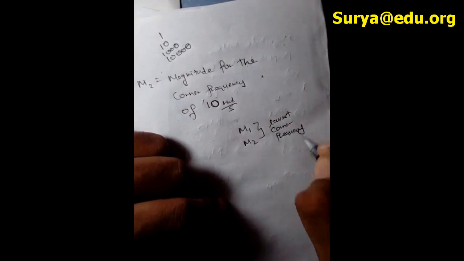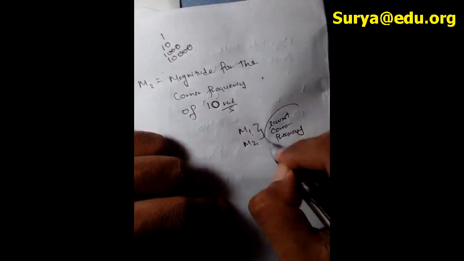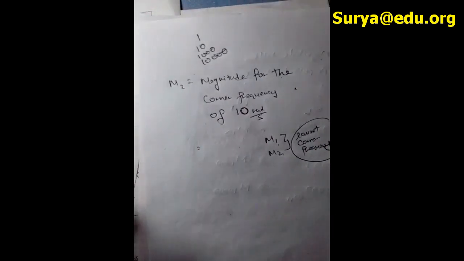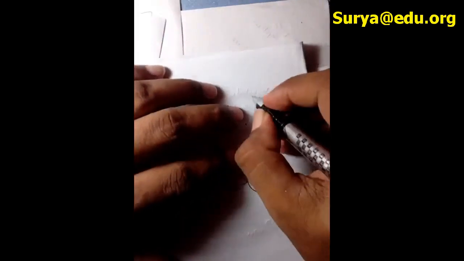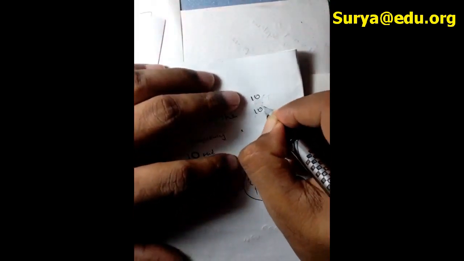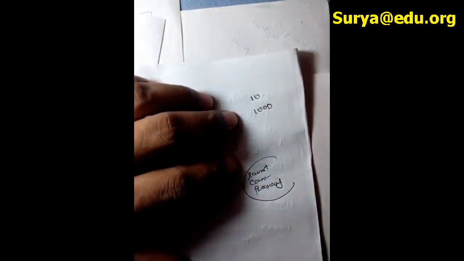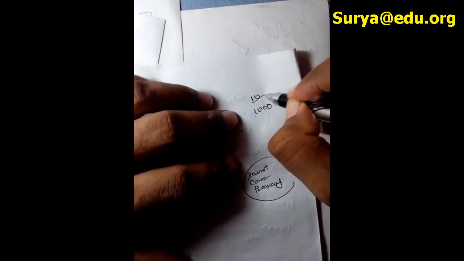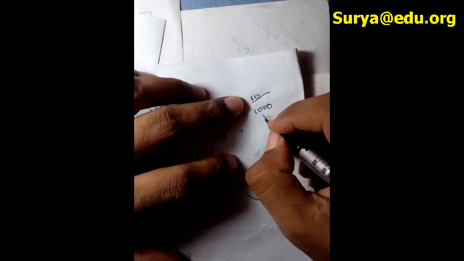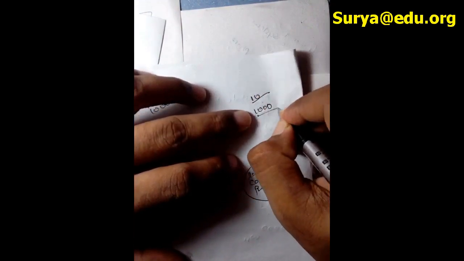I told you we originally had 10 and 1000 as our corner frequencies, while this is the existing lowest value that we have, and this is the highest existing one.